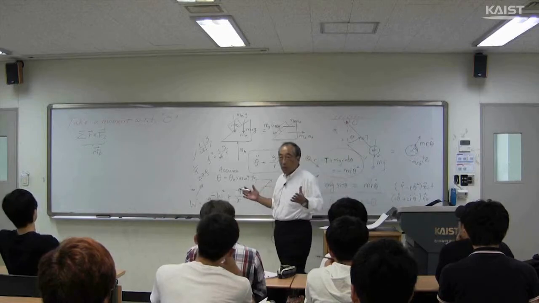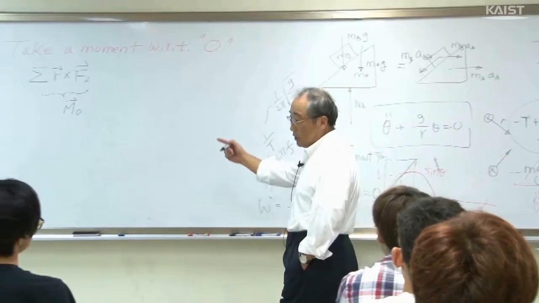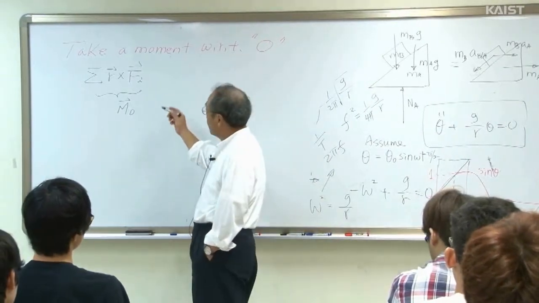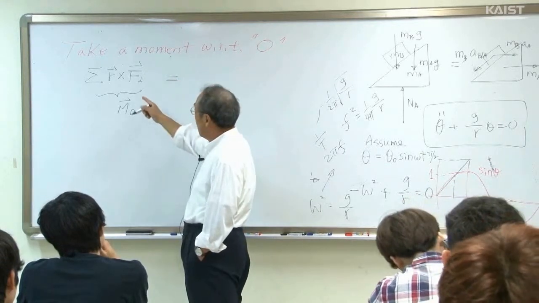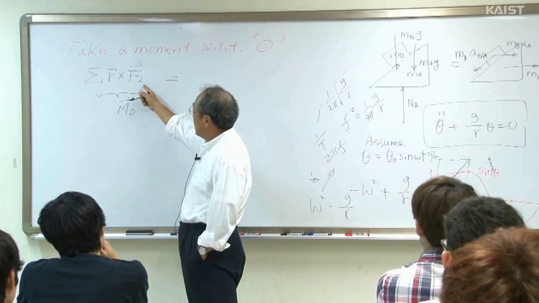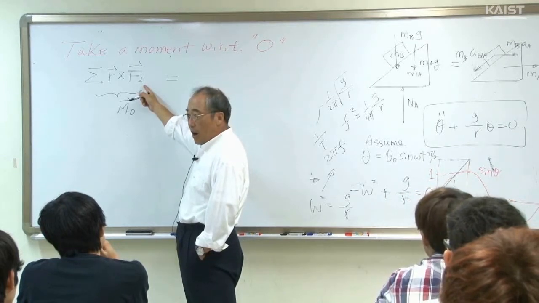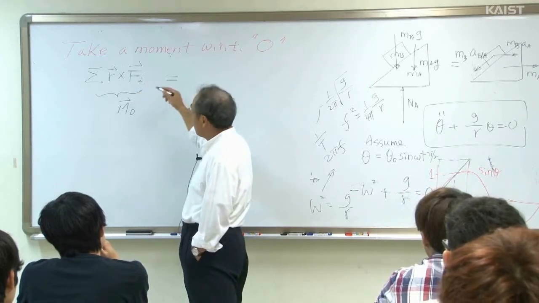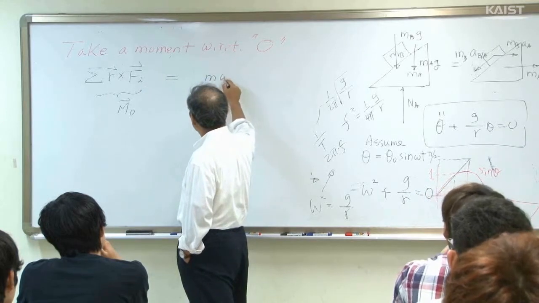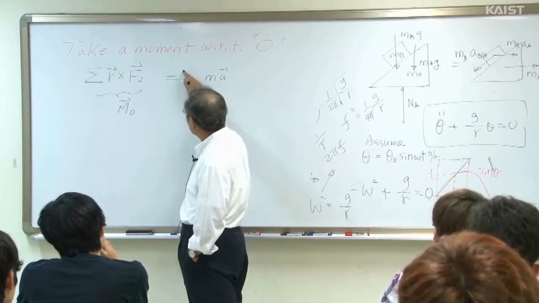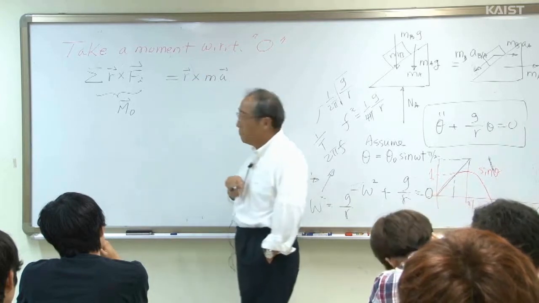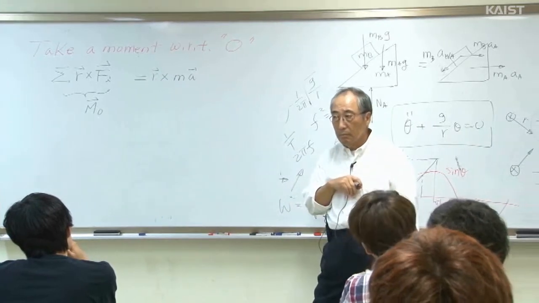Then we can take a moment. So this is a moment, and that has to be equal to the summation of r cross mass times acceleration, right? So maybe, can I write like that? Indeed.